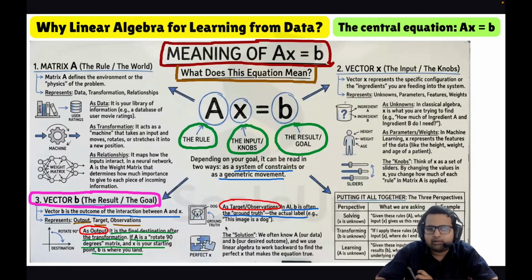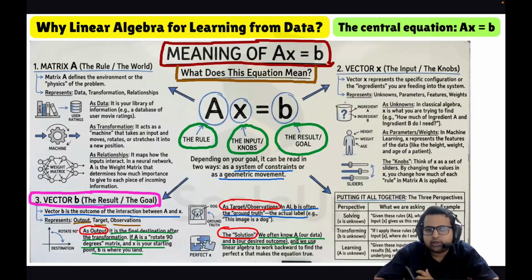And vector b can also be the solution. The idea is that we often know the matrix A, our data, and vector b, our desired outcome.